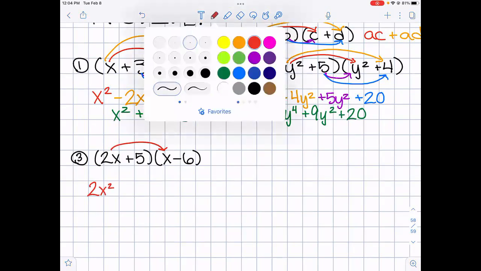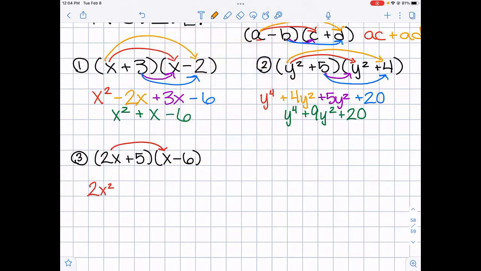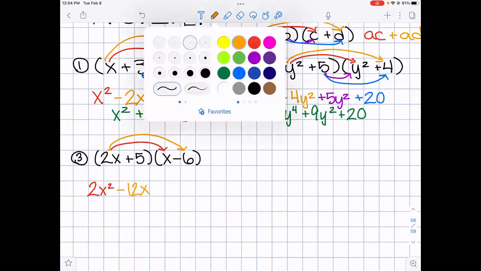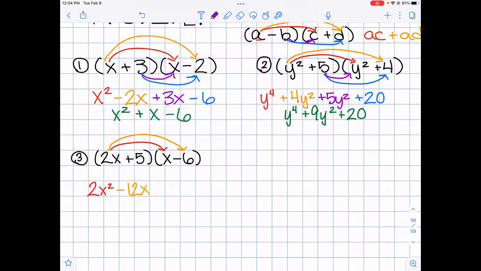Good, Isaac. All right, Leah, what are you gonna multiply next? -6. So what's 2x times -6? Good. Elijah, do you know what to do next? Good. 5 times x would be 5x.